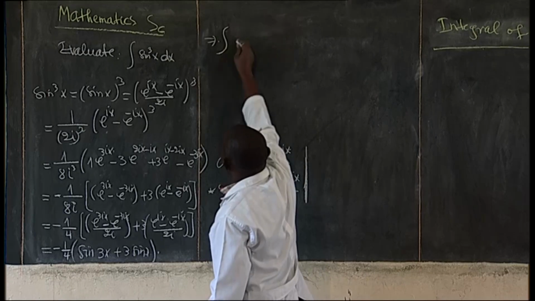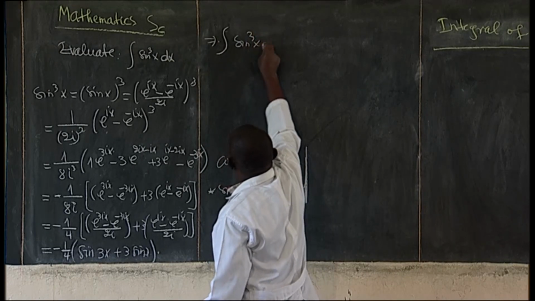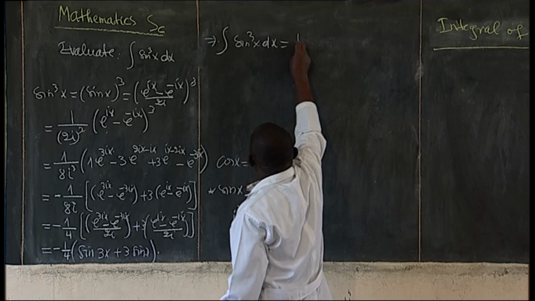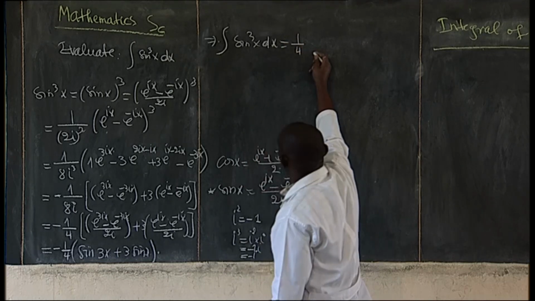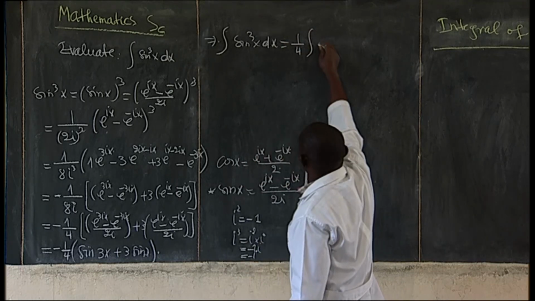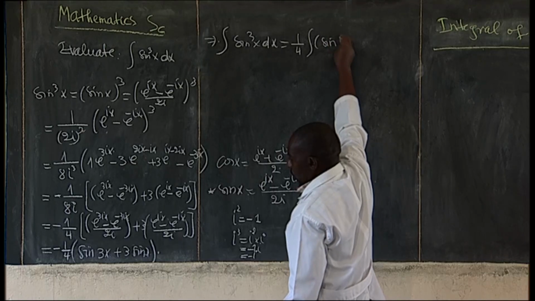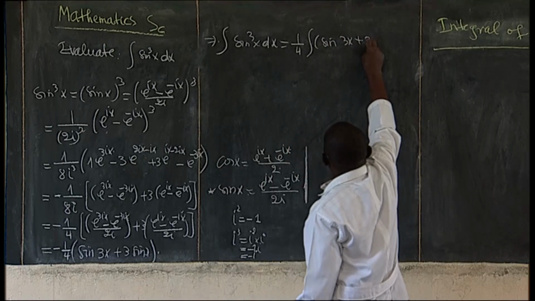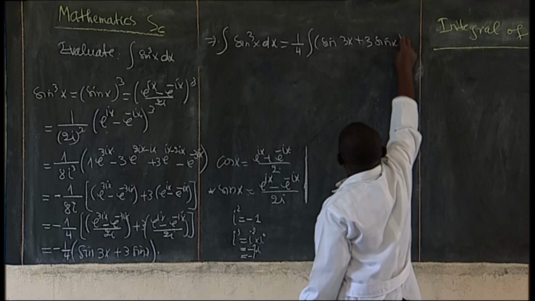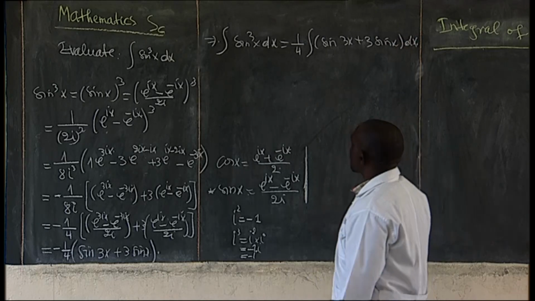Therefore, the integral of sine cubed x dx is equal to 1 divided by 4 integral of sine of 3x plus 3 times sine x dx.